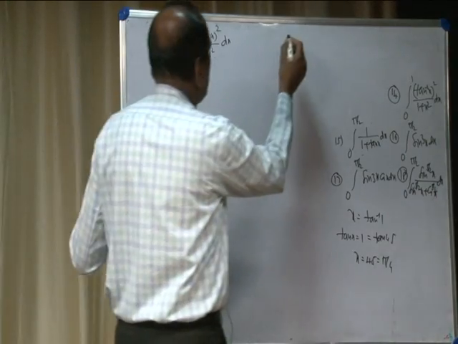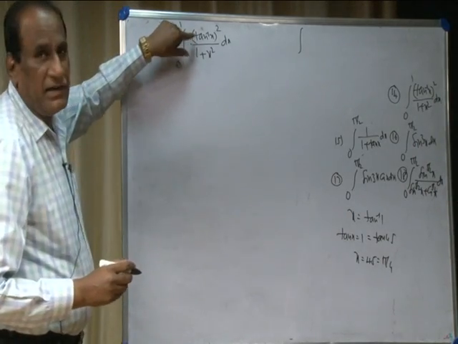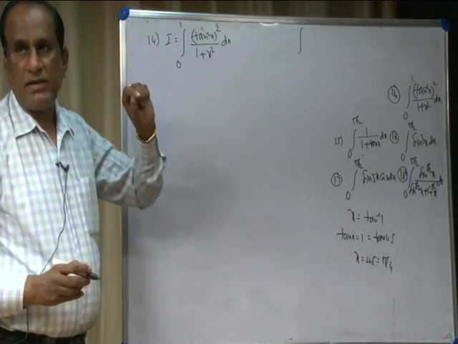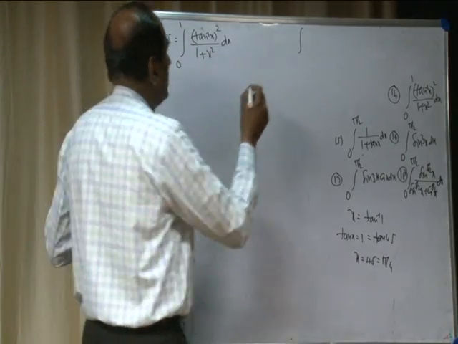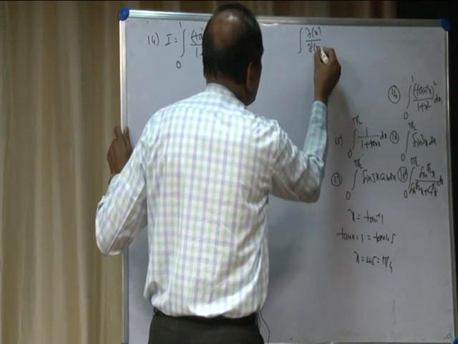This problem is of the type, see here, the differentiation of tan inverse x is 1 by 1 plus x square. Therefore, this is of the type f of x divided by f dash x dx.